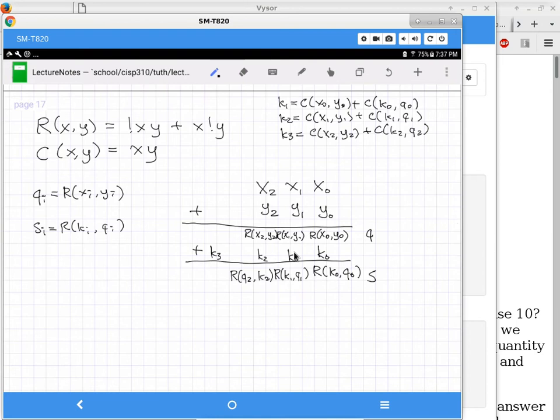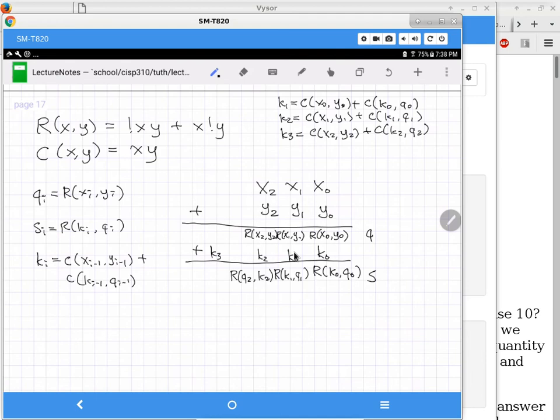Cool. And what about Ki? There's a certain pattern to Ki as well. So if you look at Ki, which is generalizing these three things, what is Ki? It's the carry of xi minus 1, yi minus 1, or the carry of Ki minus 1, Qi minus 1. Yep. There we go.